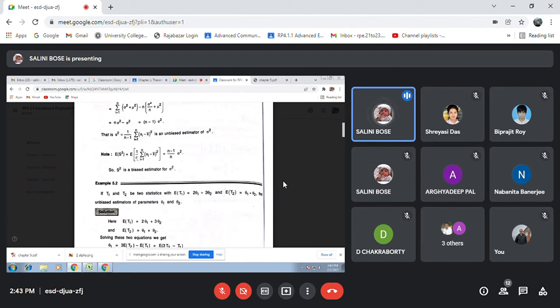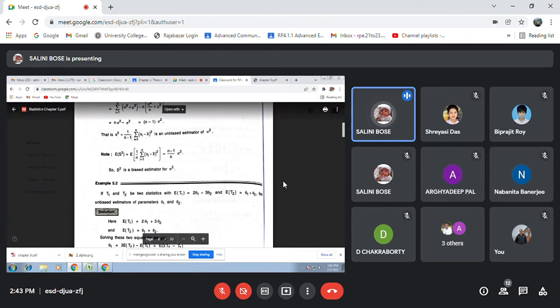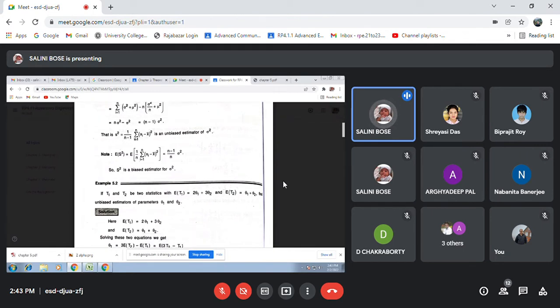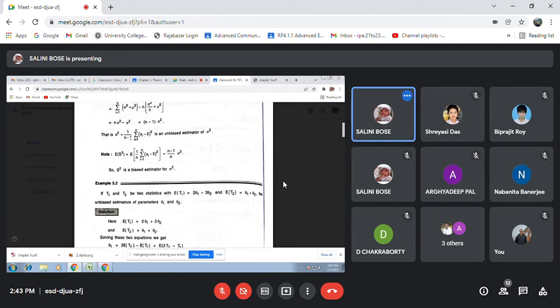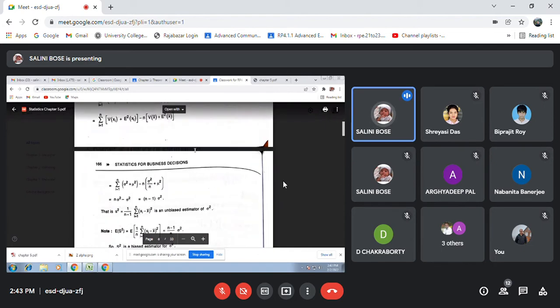If you follow the degree of freedom perspective, if you take the sample size with minus 1, then you will see that your sample variance will be an unbiased estimator of sigma square. But if you do not bother about that, and just take only the number of samples n, then you will see that it will be a biased estimator. So we do not prefer biased, we always prefer unbiased estimator. That is why we always prefer this part.